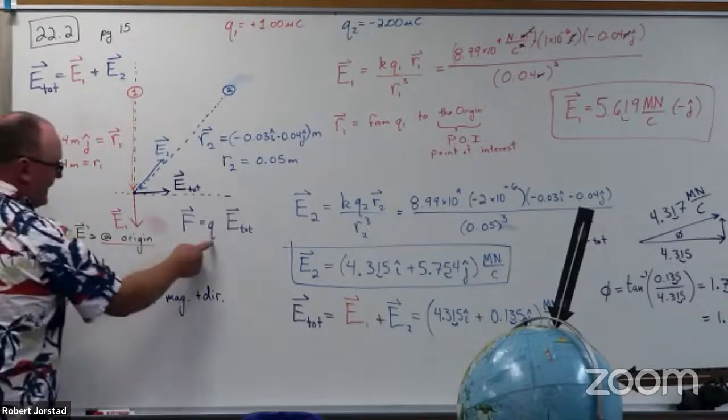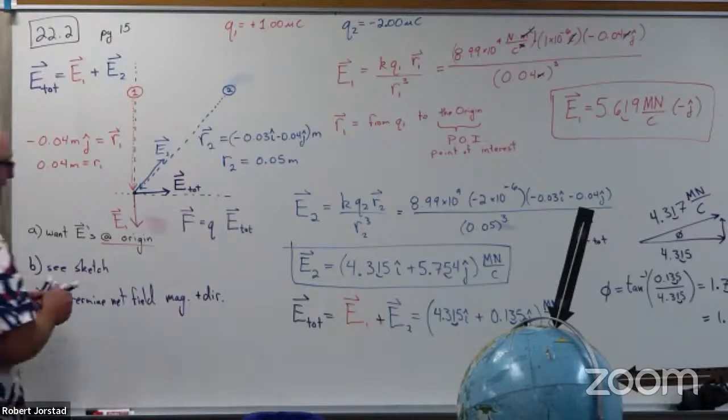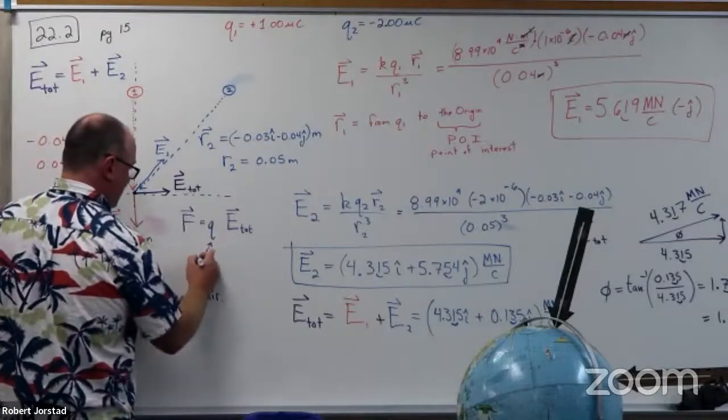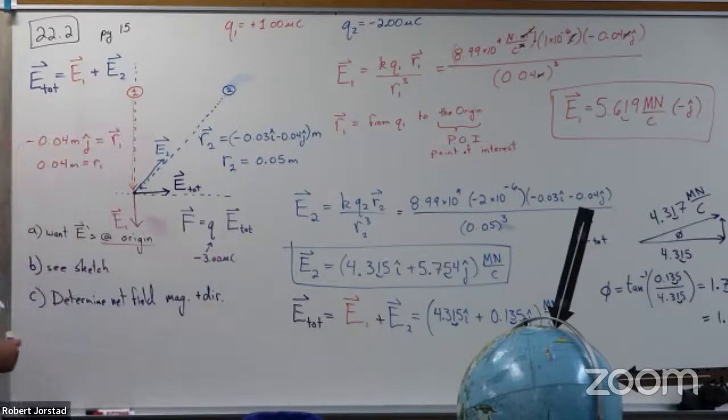If you put in a negative charge, the force would be the opposite direction, just like we saw in 21.3. In fact, if you put in Q equals negative 3.00 microcoulombs, you will get exactly the same results as 21.3. And I worked this out in the solution so you can see it. So, all right. That's the basics of getting the electric field from 2 point charges.